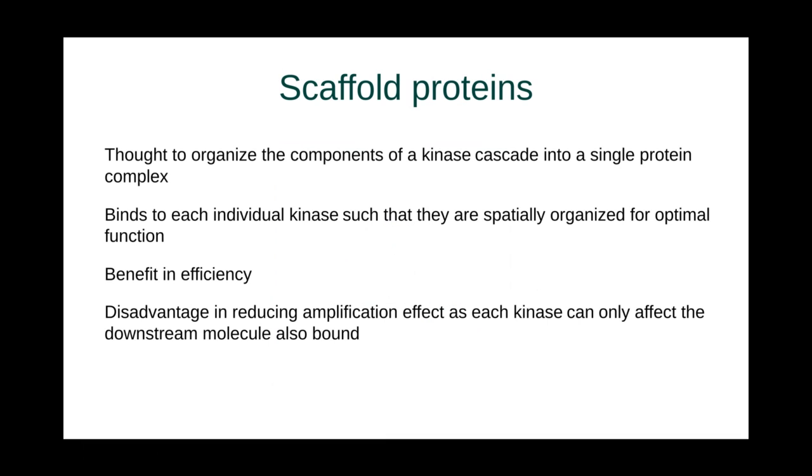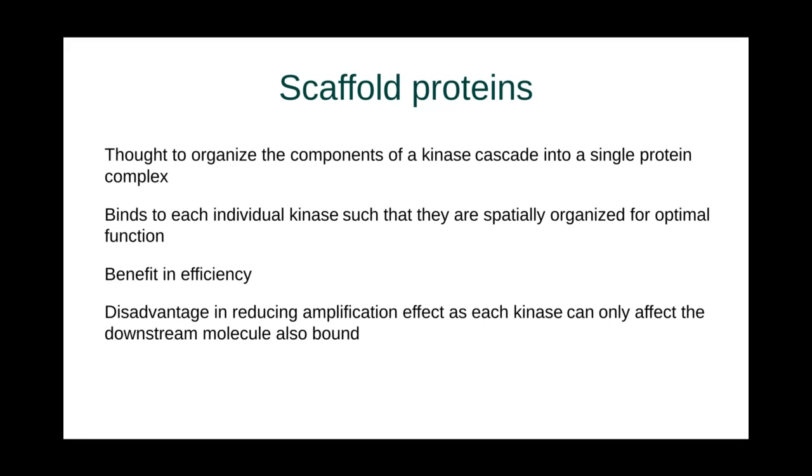Now, our next class of proteins is our scaffold proteins, and these are thought to organize the components of a kinase cascade into a single protein complex. So what this does, our scaffold proteins physically bind each individual kinase so that they are spatially organized for optimal function.